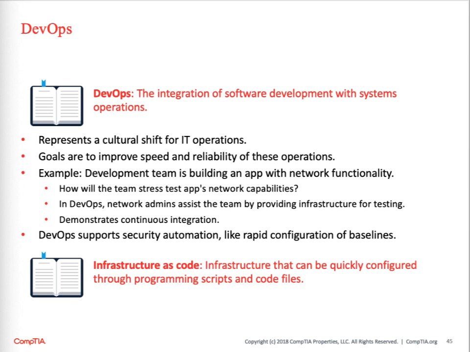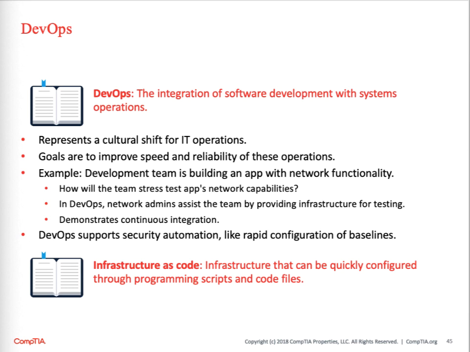In a standard environment, the development is going to be isolated from the rest of the IT team. So it's going to be difficult for people to stress test this functionality on the network, right? In a DevOps culture, the network architects and administrators are going to be able to help provision the type of infrastructure that we need to test the app's networking capabilities without messing up the rest of our business process.